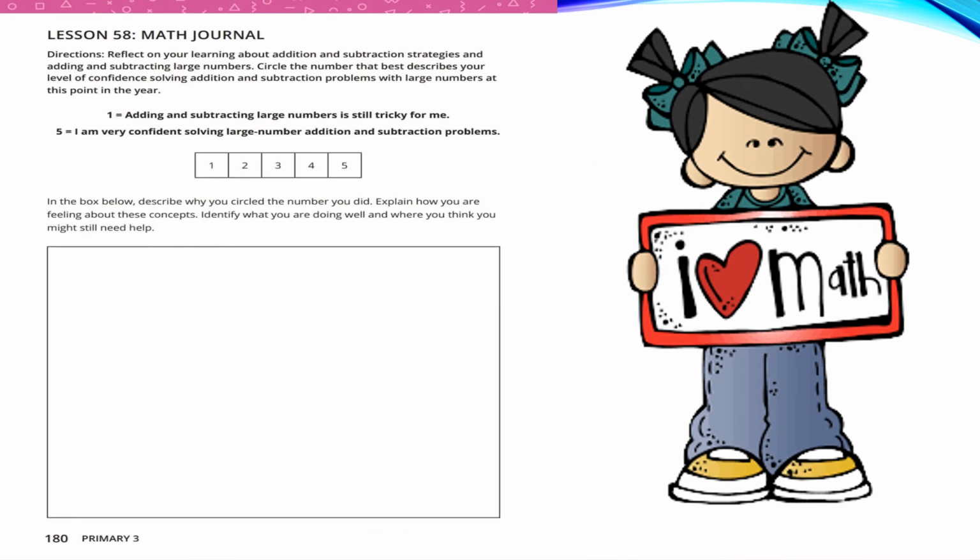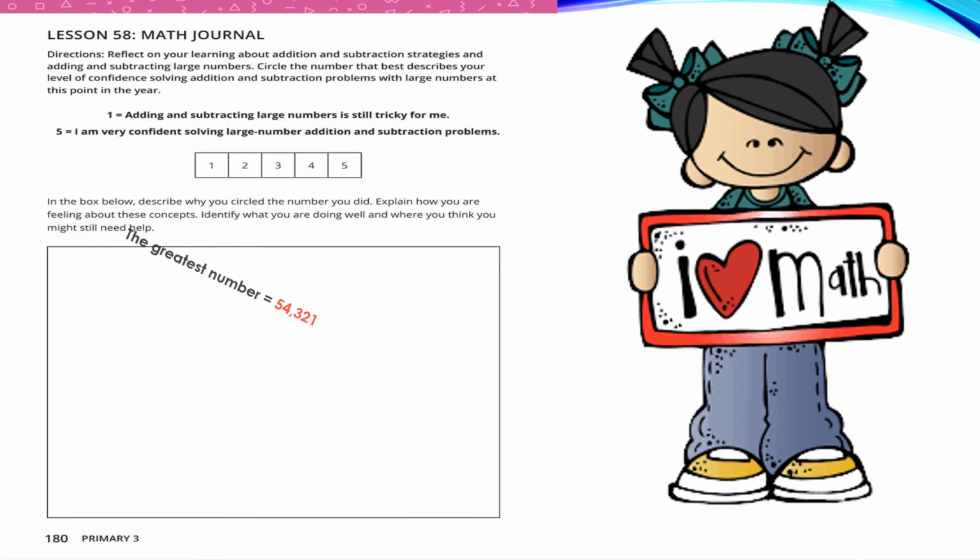Our math journal here. Reflect on your learning about addition and subtraction strategies and adding and subtracting large numbers. Here we have this example like a puzzle, okay? We have the numbers 1, 2, 3, 4, 5. We want to make the greatest number and the smallest number from these digits.